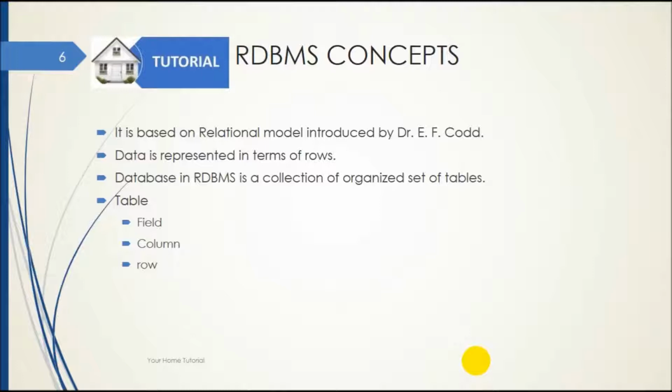Another table has related information about the employee's skills. Both are different, so related data is put together in a table called employee, and other related data is put into another table called skills.